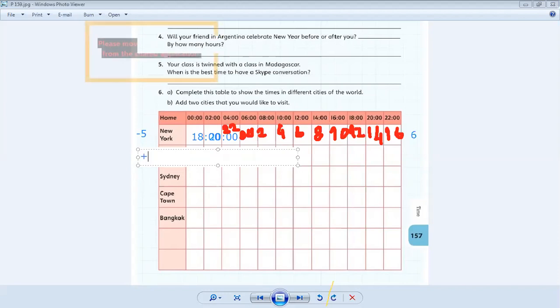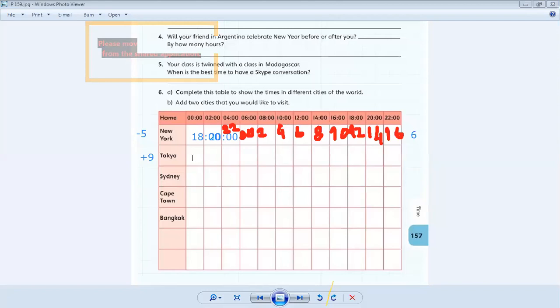Yes. On the left side you can see -5, and +9 is the time zone in this city. The difference is 8 hours.